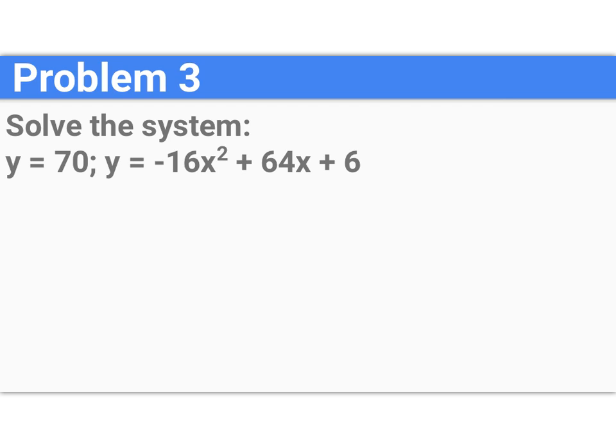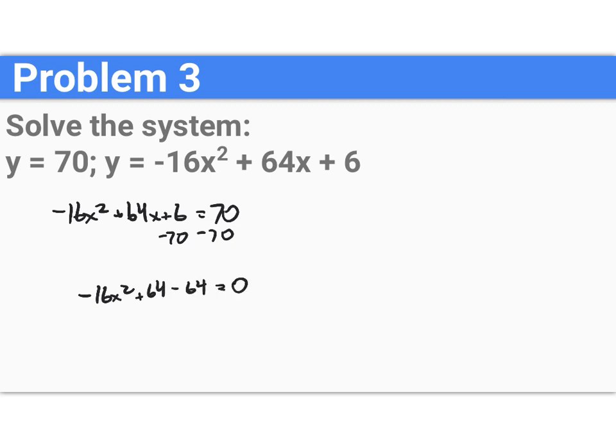Okay, same thing. Negative 16x squared plus 64x plus 6 equal to 70. Subtract 70 from both sides. Negative 16x squared plus 64x minus 64 equal to 0.